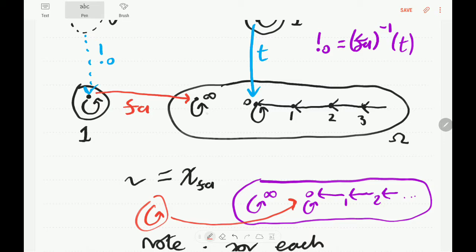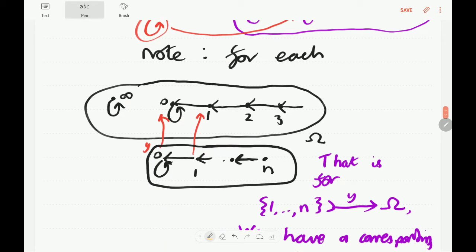So what does this not look like? Well, it sends this infinity to, okay, let's use orange, sends this infinity to true, sends everything else to false. That's what not looks like.